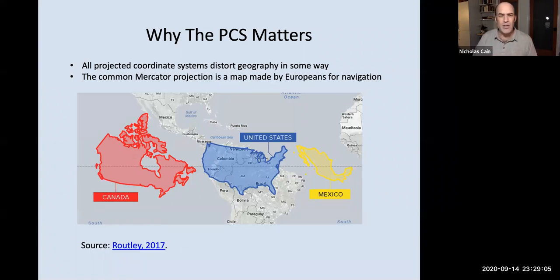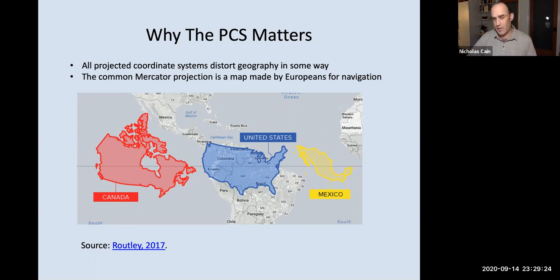And so if you can imagine a typical Mercator projection map of the United States and South America or Mexico, you might think looking at that map, hey, the US is huge, Mexico's pretty small, and South America is pretty similar in size to the United States.